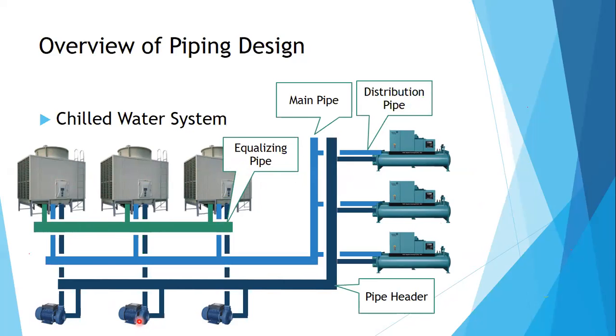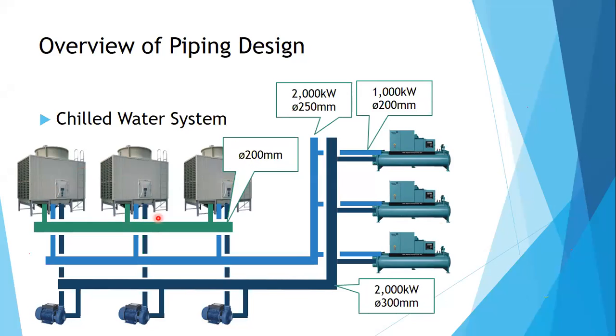So if this pump is running, it doesn't matter which cooling tower it would be getting from, because all cooling towers will have the same water level. Usually, the equalizing pipe is one size lower than the required pipe size.